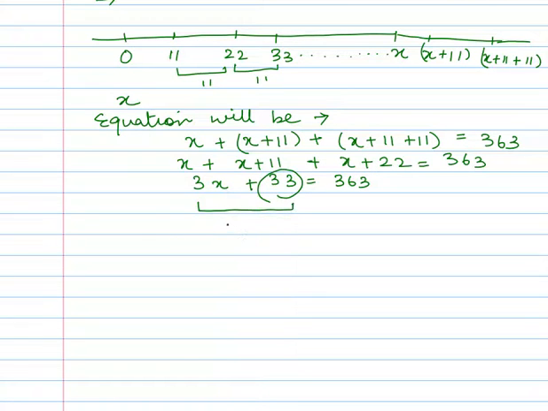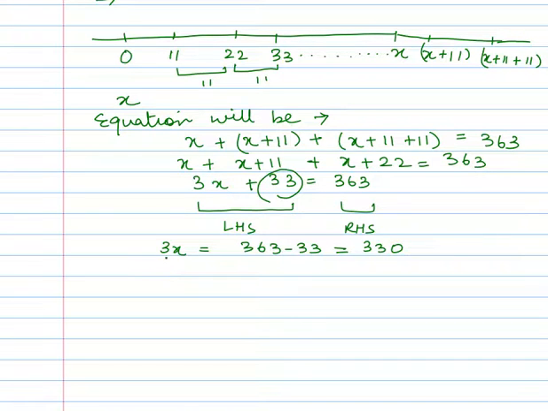This is the left hand side of the equation. This is the right hand side of the equation, as we have seen in the first lecture on this topic. So 3x is equal to 363 minus 33, which is equal to 330.